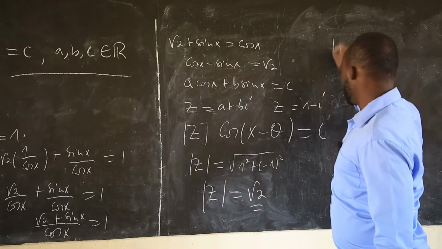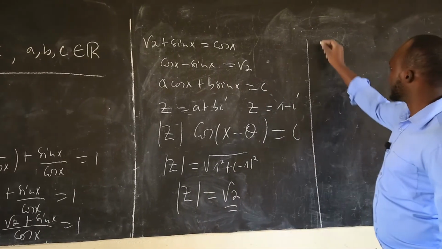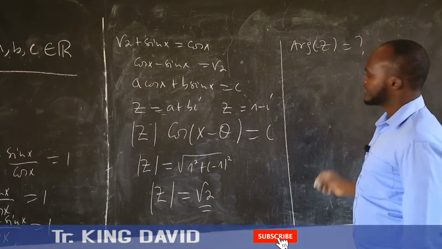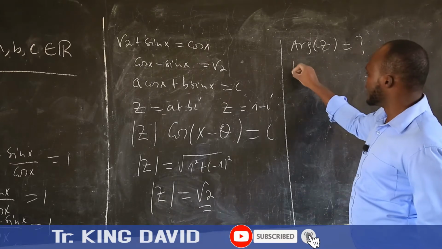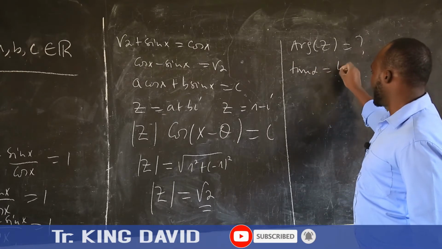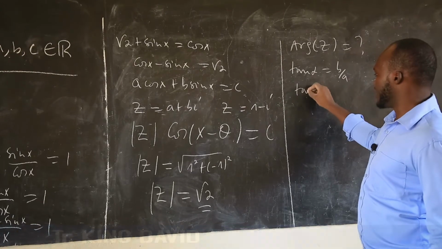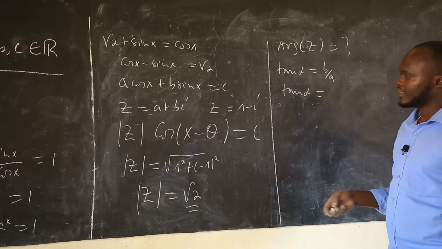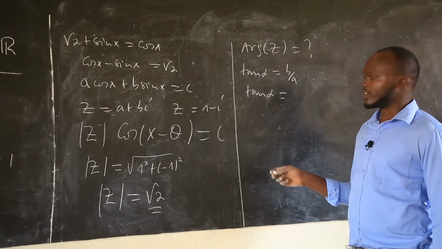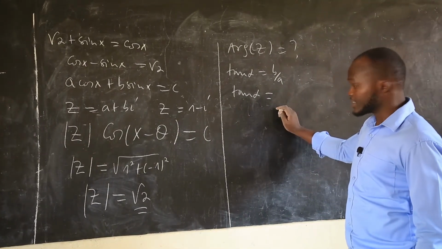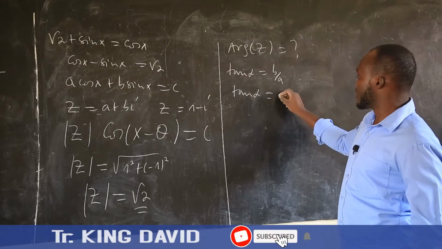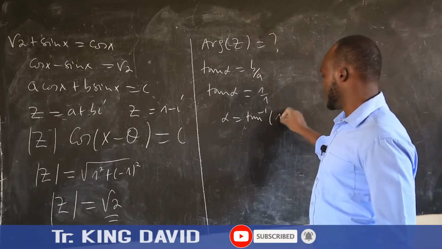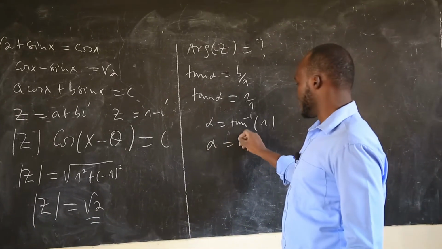After getting the magnitude, we find the argument of Z. Tan alpha equal to B over A. When you're finding the angle, use positive; the negative helps us know the location of the complex number. So it will be 1 over 1. Alpha is tan inverse of 1, where alpha is pi over 4.